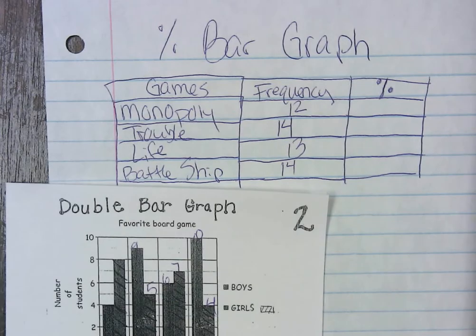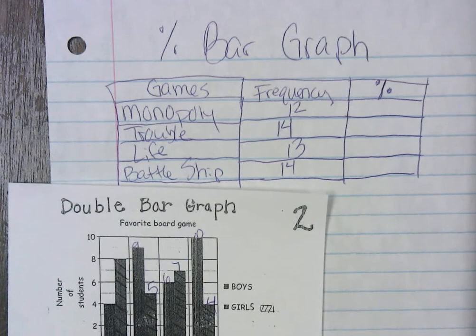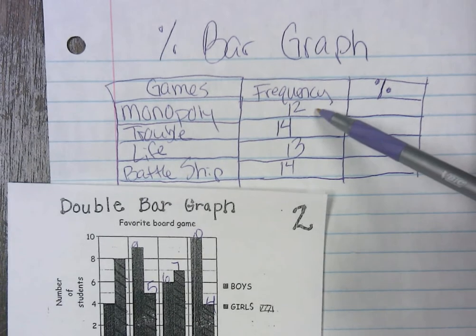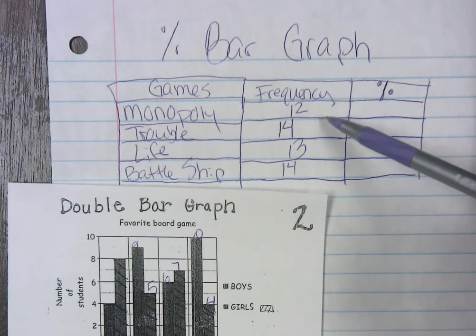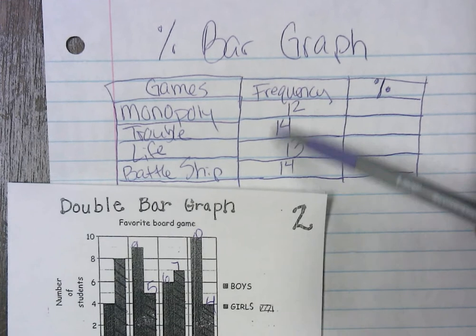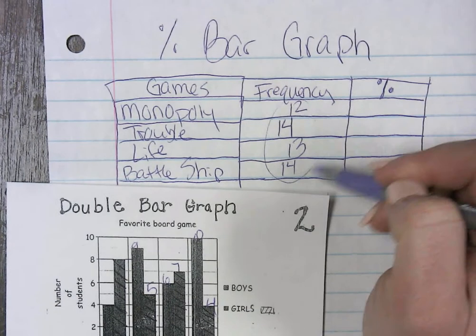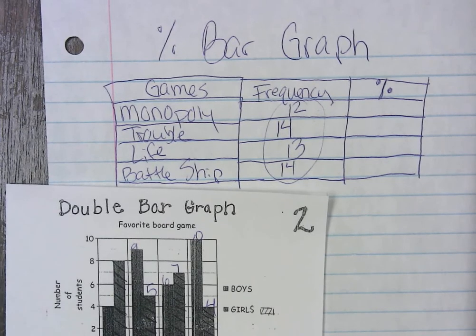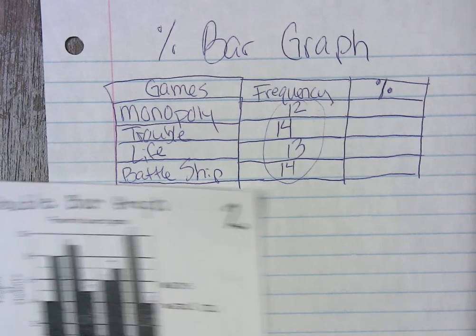Now that's easy. Frequency just means how many, but now let's find the relative frequency or the percent. Remember, just because there were 12 people, that does not mean 12%, because percent means out of 100. So first, before we can even do that, we need to find out the total number of people that participated in this survey. So we need to add all those up.